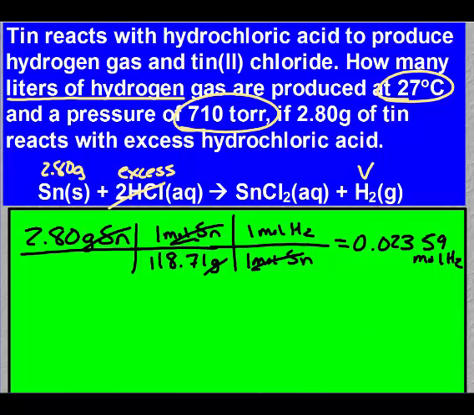Now, we can plug that into our PVnRT equation because we're not at STP and we're trying to find the volume. So divide by P, volume is equal to nRT over P. Well, I know my moles because I just solved for them.